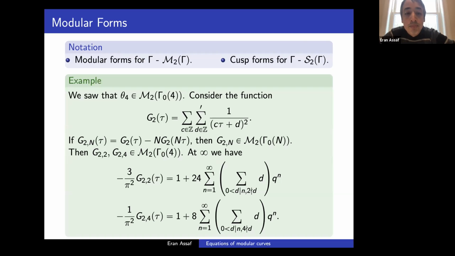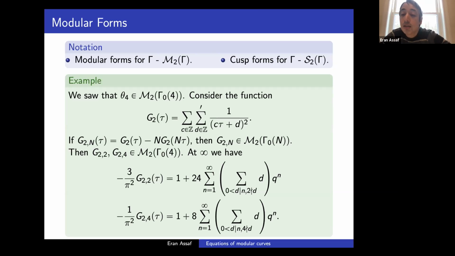So what we saw earlier was that theta 4 is in this space of modular forms for gamma 0 of 4. Maybe one of the famous applications of modular forms is using the fact that we can calculate the dimensions of these spaces very easily because they're basically geometric. In this case, we know that this space has dimension 2, and in this slide you can see an explicit construction of functions that live in that space.